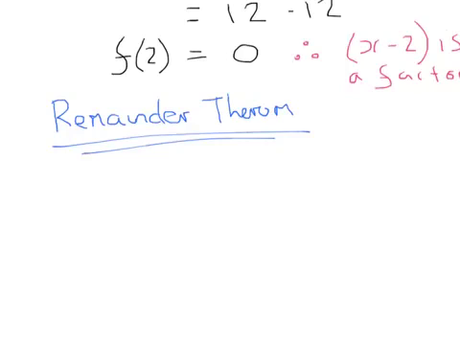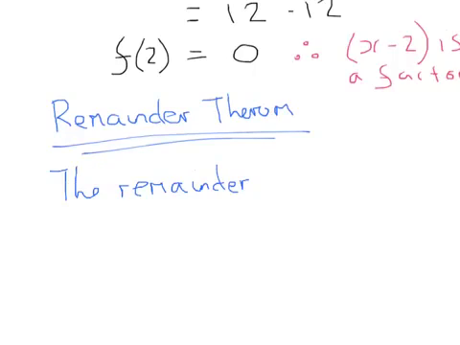Okay, so let's go through the waffly algebraic explanation first. So you can find the remainder. Remember, the remainder is just what's left over when we divide through by something and it doesn't fit exactly.